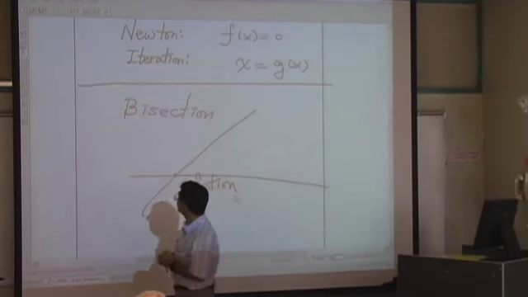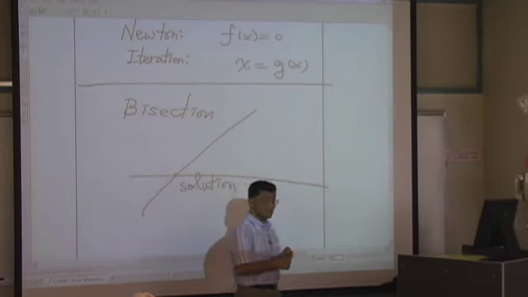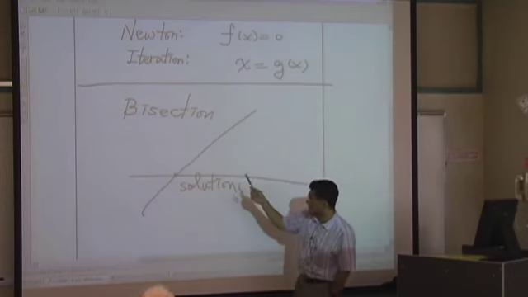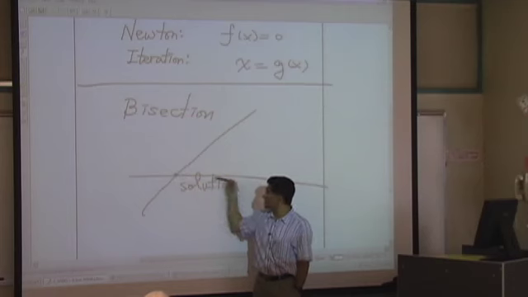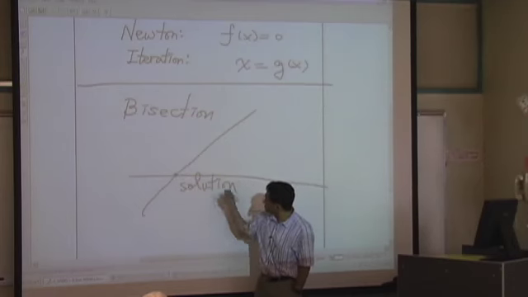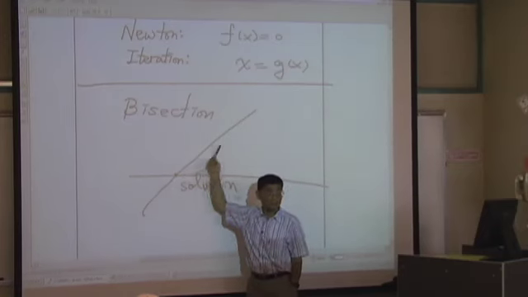Then the bisection method depends on this idea. Theoretically, it depends on the intermediate value theorem, but practically this is the idea. Assume that this is the water surface. One is inside the water, the other is outside the water, right?